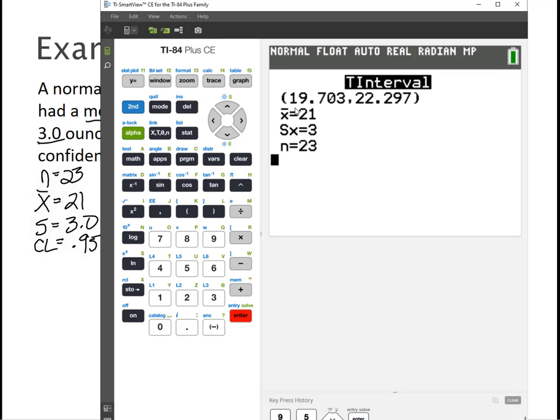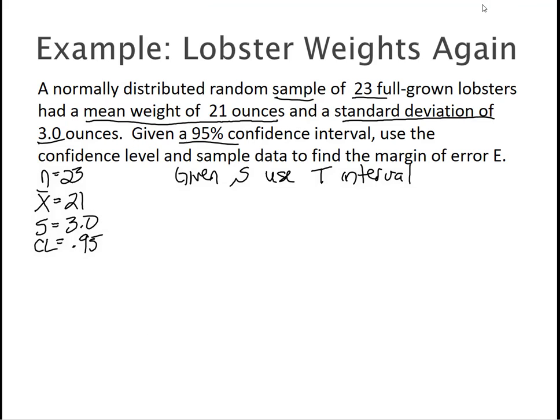All right, so once again, as with all these problems, my answer is going to be the first entry that has those 2 numbers in parentheses, okay? So my lower confidence limit is 19.703. And then my upper confidence limit is 22.297. Okay, so let's minimize.